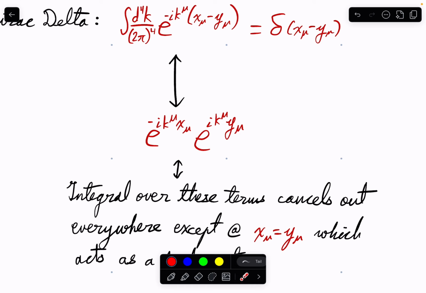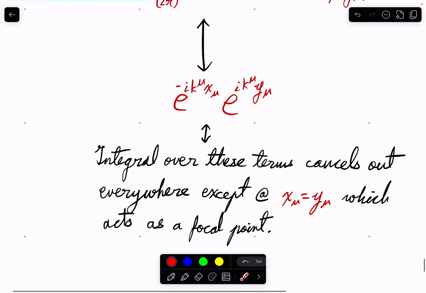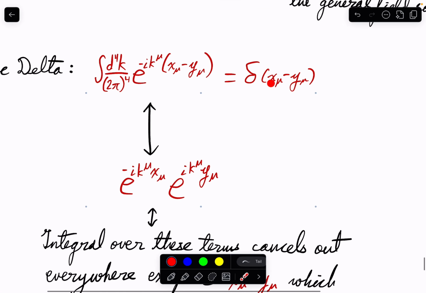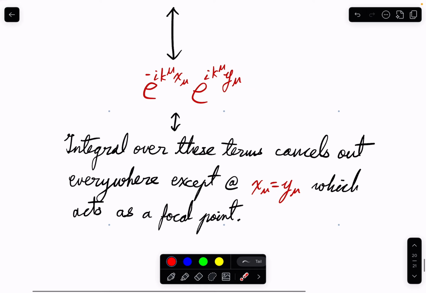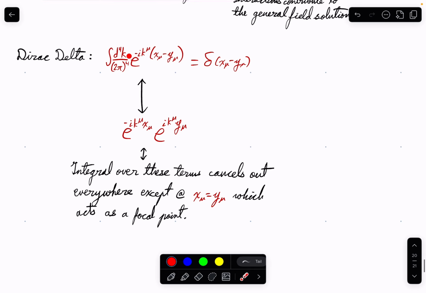Whereas when they are the same, when you swap them, they will always reduce to 1. So this ends up being 1 at only points where x and y are the same, which is what this Dirac delta is saying. So this is an integral that basically looks over the phase difference between these two waves, and the phase difference is only 0 at the same points, so you get the Dirac delta.